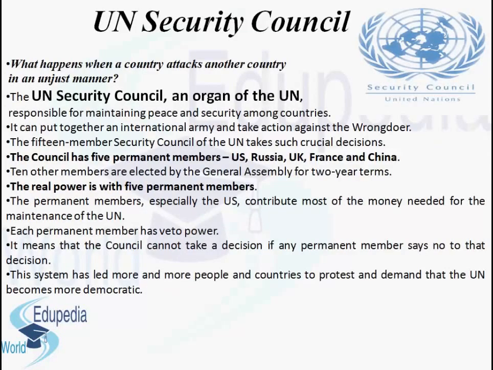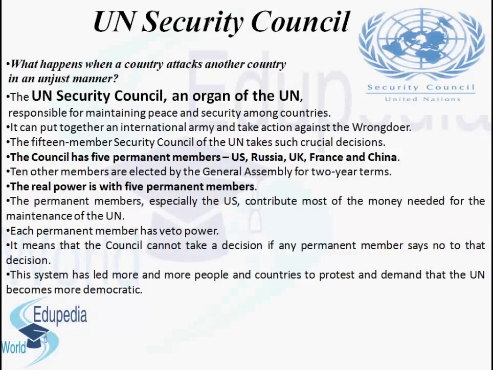One of its parts is the UN Security Council. This is mainly meant for maintaining peace and security among the countries. It does not have its own army. It has 5 permanent members: United States of America, Russia, United Kingdom, France, and China.